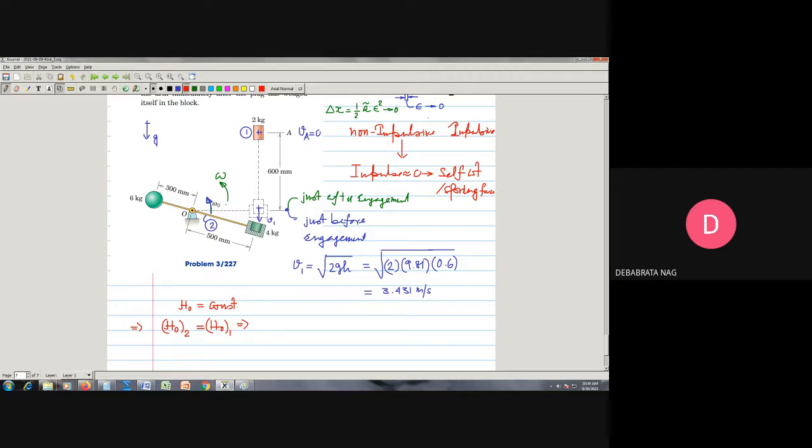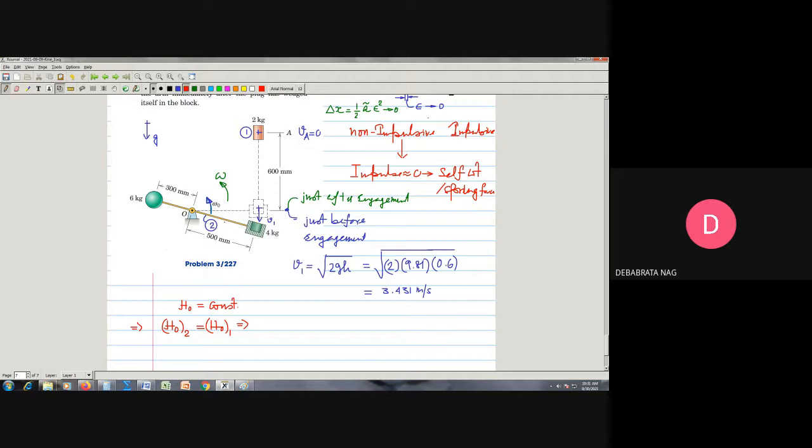Now, what is going to be the angular momentum here? In situation 2, just after the engagement, the entire unit is a total unit of the system. If the angular velocity of the entire system just after engagement is omega, then what is the angular momentum?